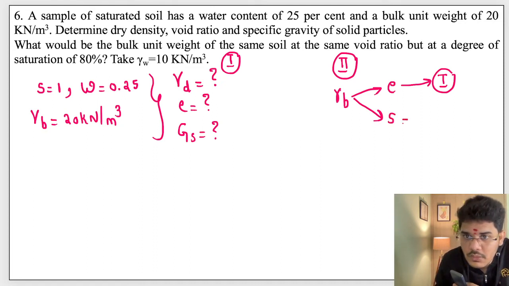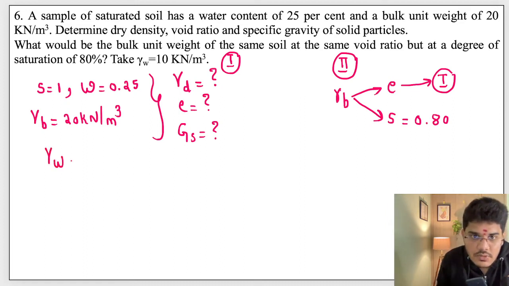So we need bulk unit weight at 0.80, but in the first condition it is at S is equal to 1, that means it is saturated. Also he has given gamma w is equal to 10 kilonewton per meter cube. So with this information, let us solve this question.